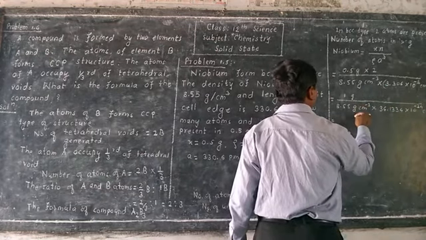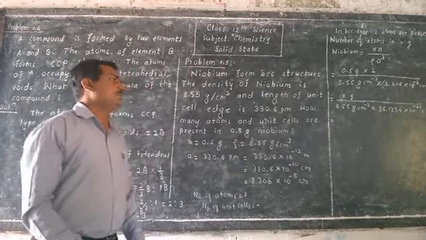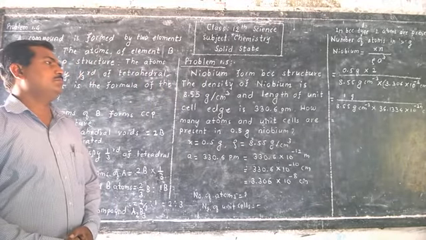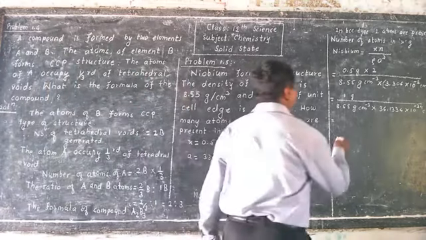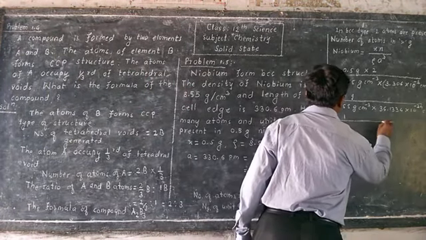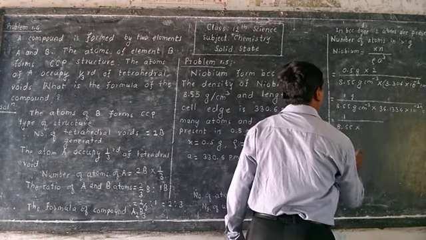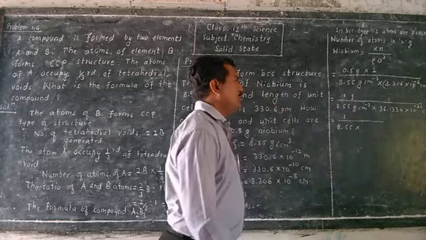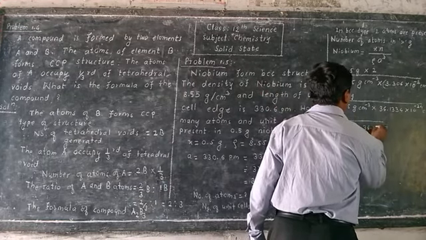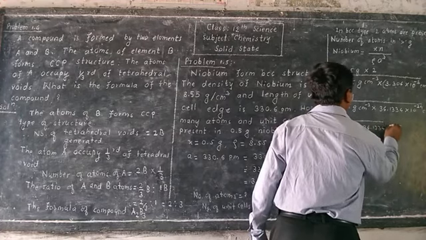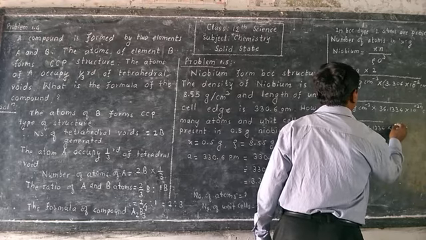Now the gram and centimeter cube get cancelled, so 1 upon 8.55 into 36.1334 into 10 raised to power minus 24.